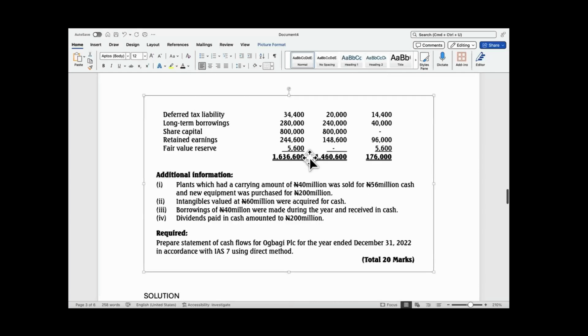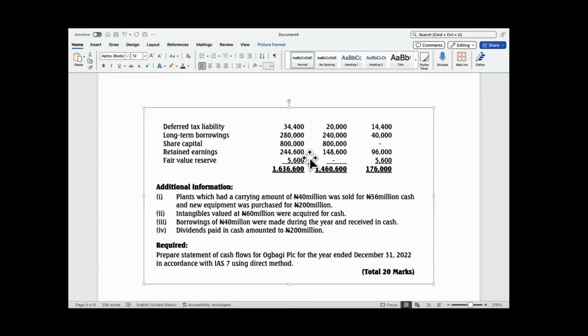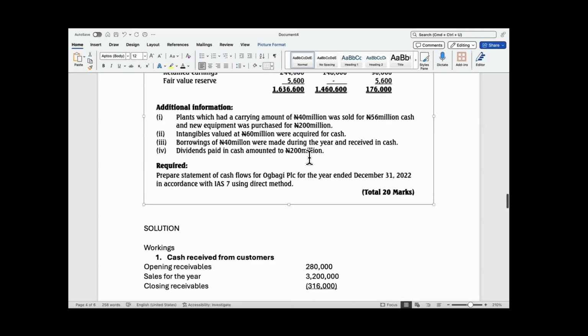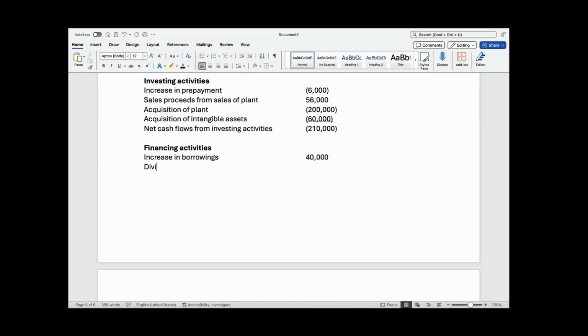Can somebody check it, please, just to be sure, in case we're not given the figure in the exam. 148,600 plus 296,000 minus 244,600. It's correct. It gives you that 200,000. So you have to always do that in the exam. But in this case, you don't have to go through that working because they already gave us 200,000. That's an outflow of how much? 240.